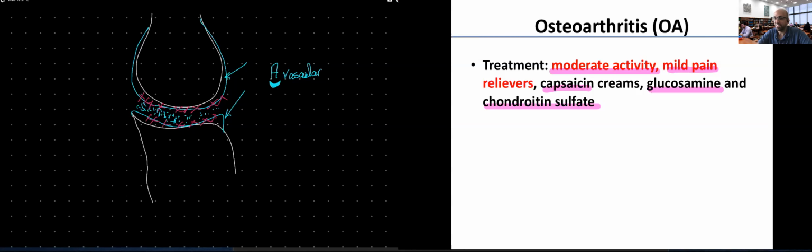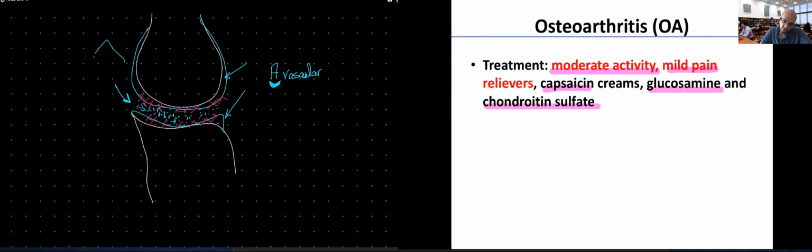All right. So again, what would you recommend here? Would you recommend glucosamine sulfate, chondroitin sulfate to enhance the synovial fluid to build up and reduce the irritation and the friction between the articular surfaces.